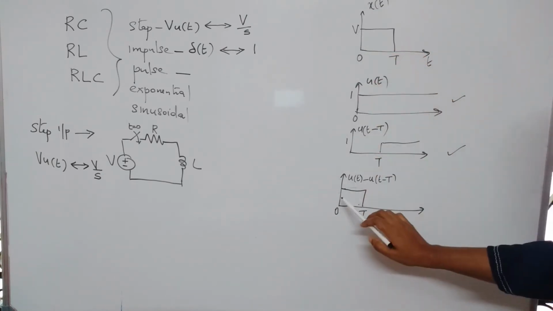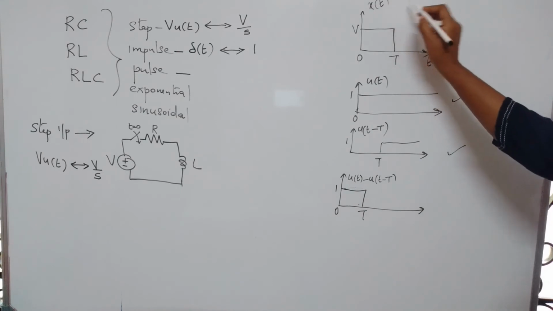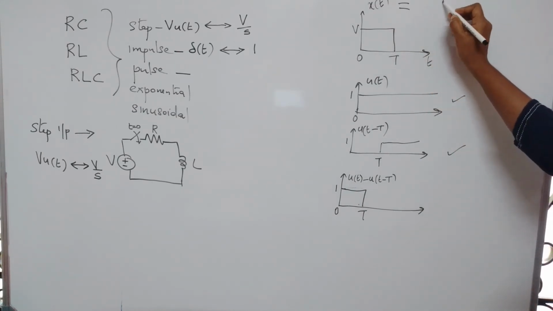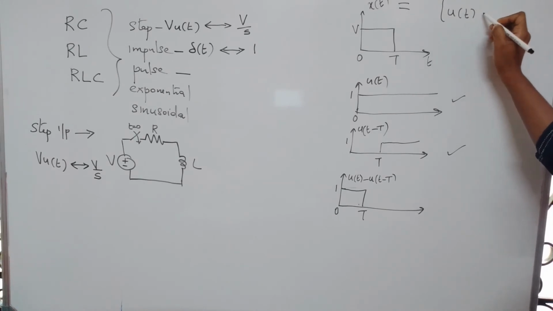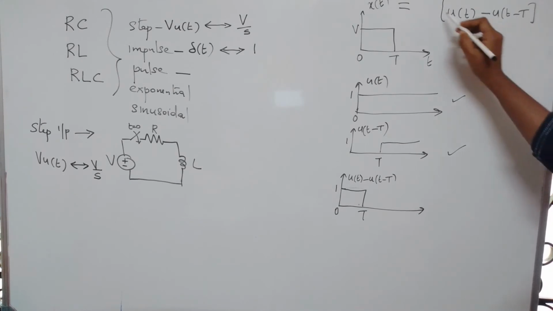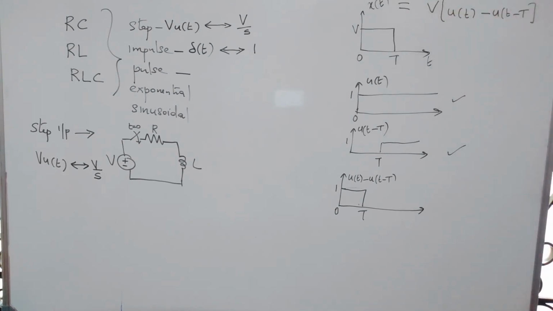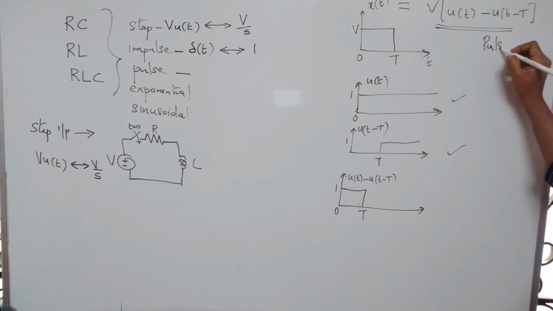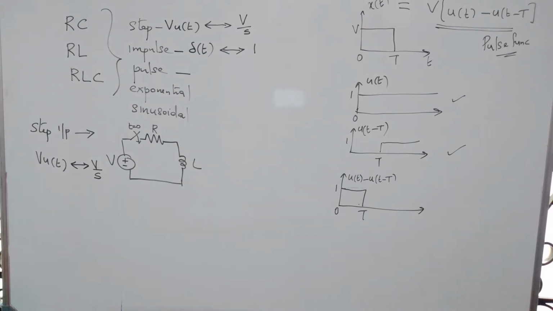Here its magnitude is V, here I have taken it as 1. So I can write this x of t as u of t minus u of t minus capital T, whatever be the magnitude V. So pulse function is represented as V into u of t minus u of t minus T.